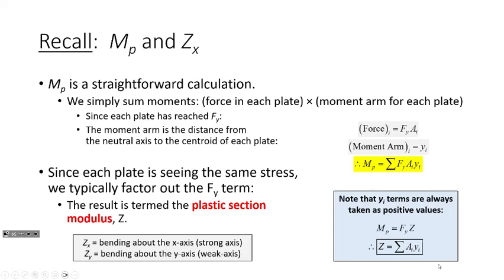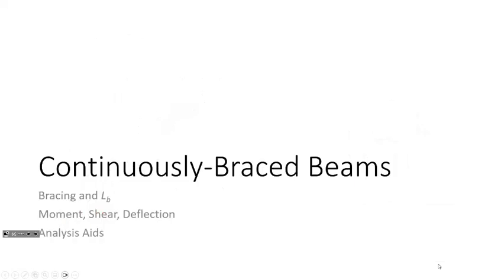Since the forces are just Fy times the area, we have the same Fy across the board. We factor out the Fy, and now we have a new section property called Z. That was the focus of the example and the homework that you did last time. Now we're going to discuss continuously braced beams.